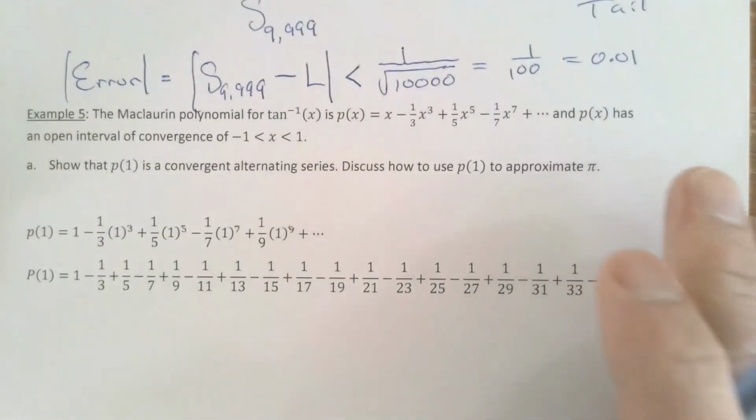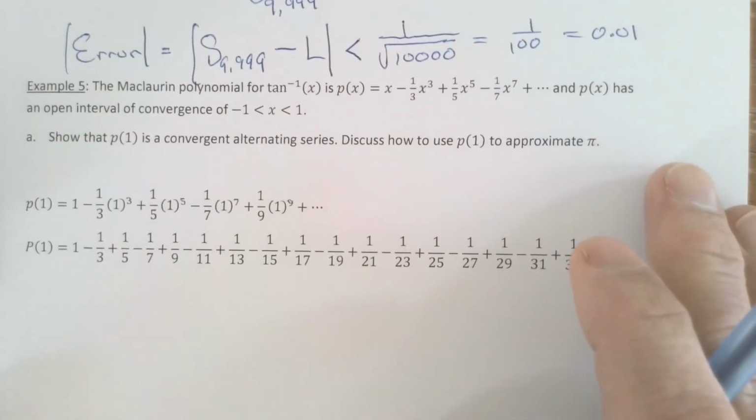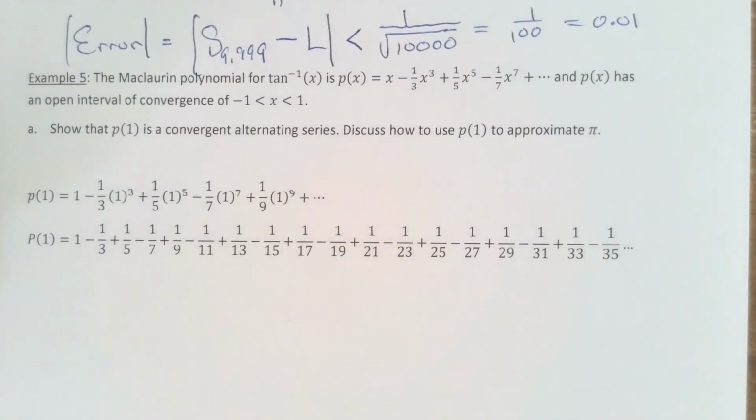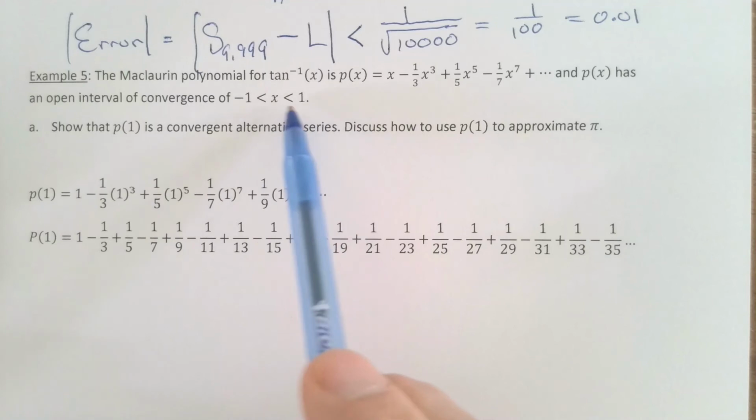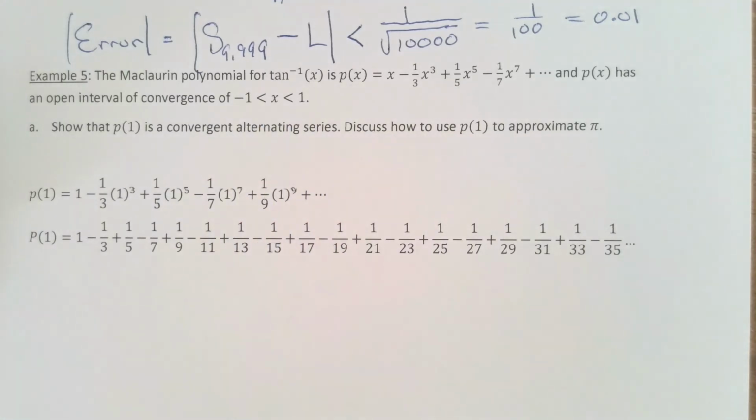All right, we have another example here. Tangent inverse. The Maclaurin polynomial for tangent inverse is this. And it's got an open interval of convergence of this, which you can establish with the ratio test.